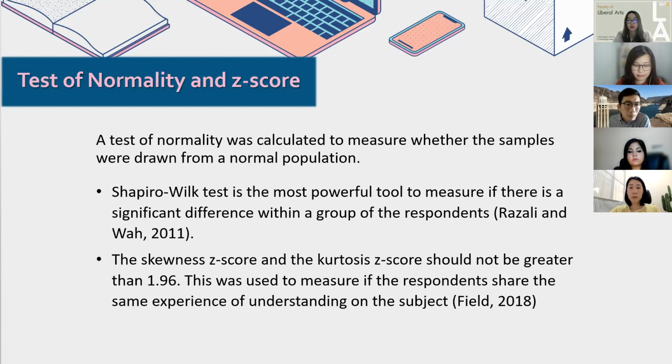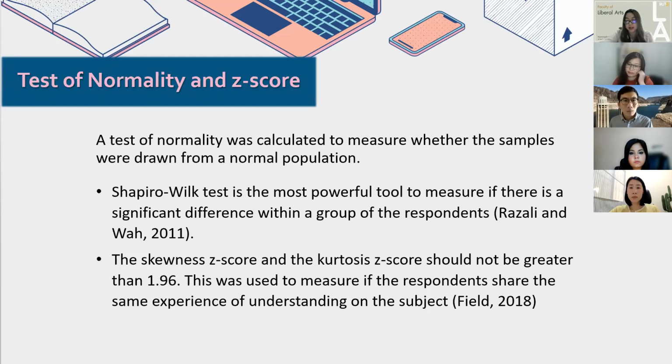Also, to explore a normal distribution, a good curve looks like this. Field 2018 suggested that the skewness z-score and kurtosis z-score should not be greater than 1.96. This was used to measure if the respondents share the same experience of understanding on a subject.